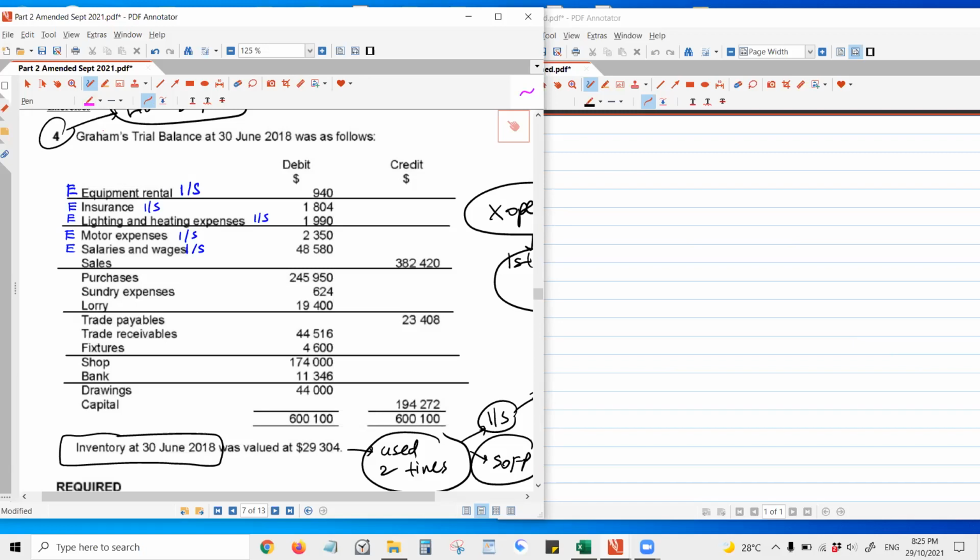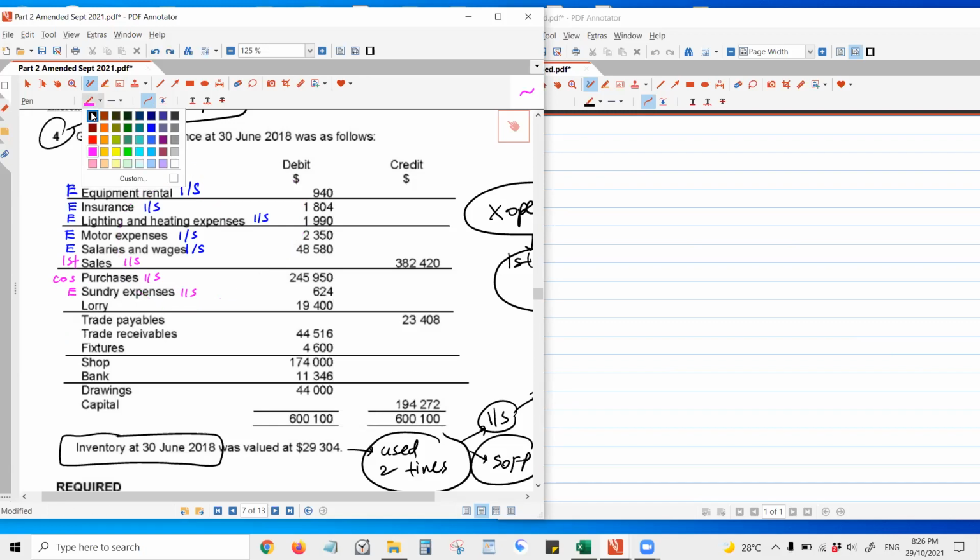Now continue. Sales is the first item in the income statement. Purchases go inside the income statement cost of sales section. Sundry expenses go inside the income statement expenses section. You see, it's helping out a lot, right? When you see all the IS there, it means when you do the income statement, you focus on the items you have tagged with IS, right?